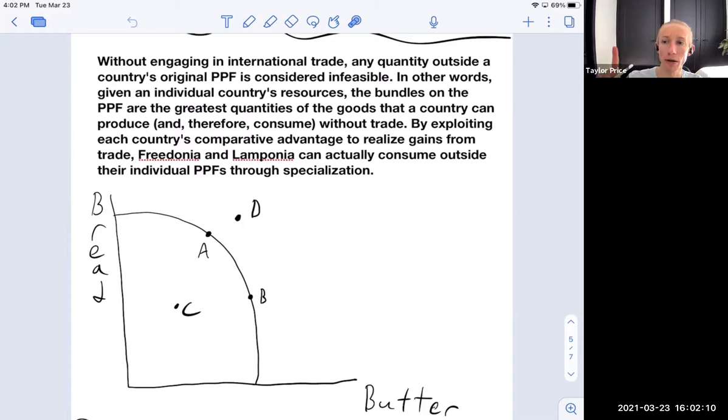One is if the country trades, so the country can expand its consumption beyond the production possibility frontier. So D is possible through trade. The other way is if the economy grows. In this case, we're specifically talking about trade. So countries can get outside of their production possibility frontier through trade.